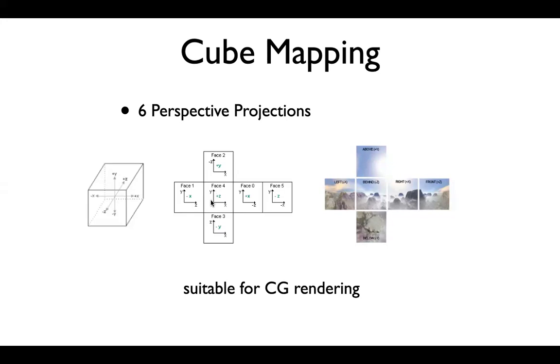But you have to handle the continuity, because the cube is topologically equivalent to the sphere, but you have these seams where the faces of the cube meet the edges of the cube, right? But this is very useful for CG rendering.